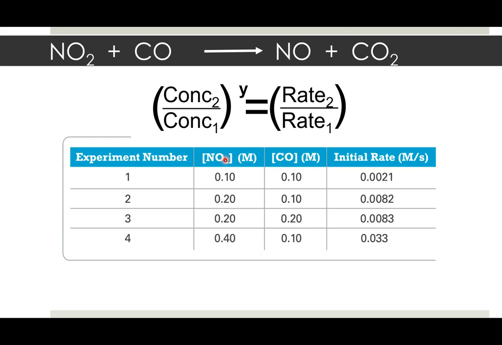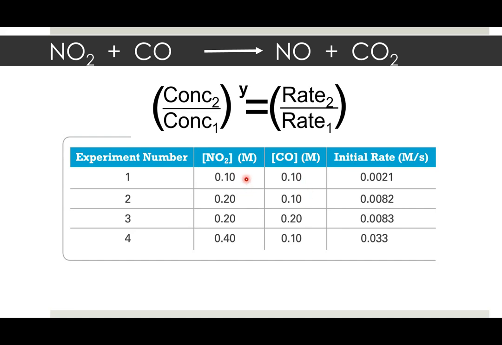What I mean by isolate trials is, if I want to know the reaction order for NO2, I need to look at 2 trials where NO2 changes, but I can only change one variable at a time. So I look at 2 trials where NO2 changes, but CO has to be the same.